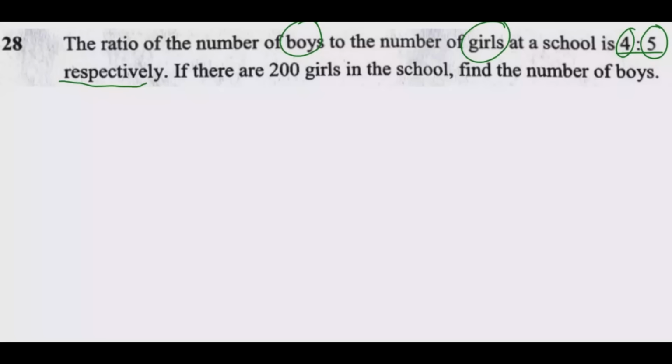Now once we have identified that, we can come up with a ratio of boys to girls. What is their numerical value? For boys, the ratio is 4, and for girls, the numerical value is 5.